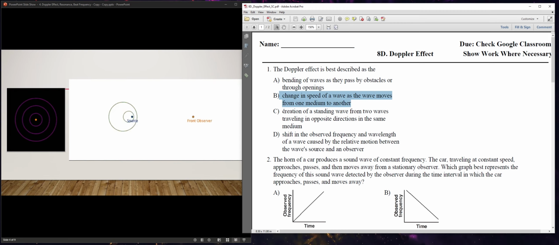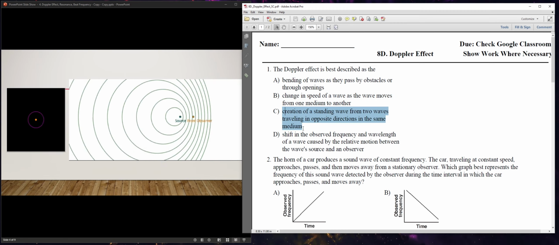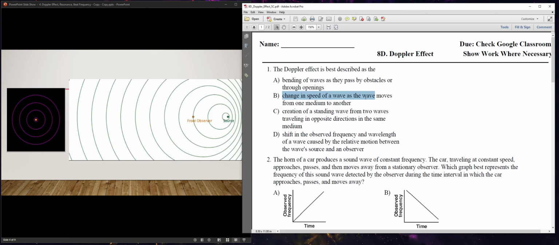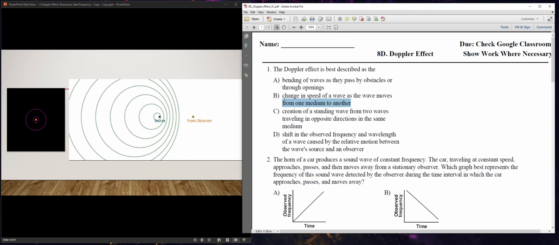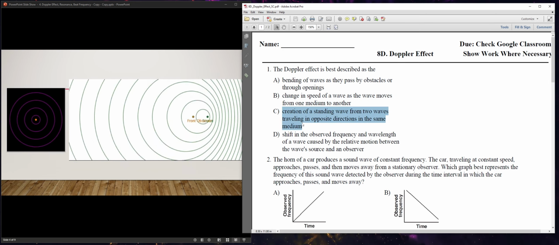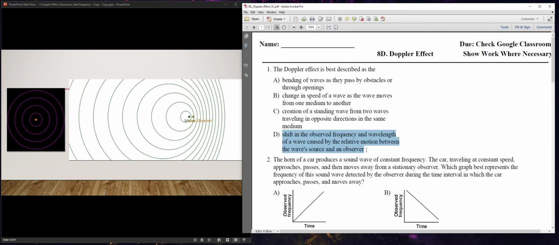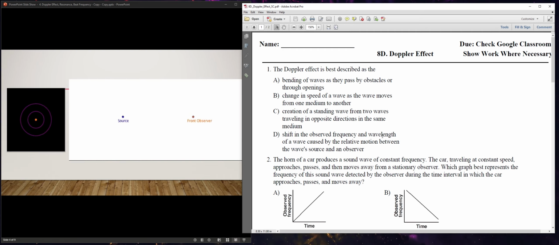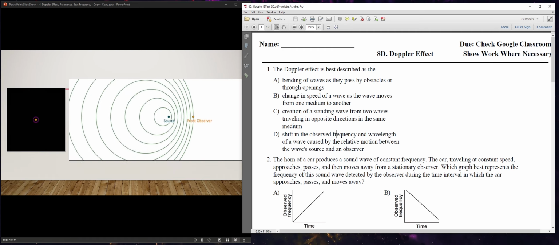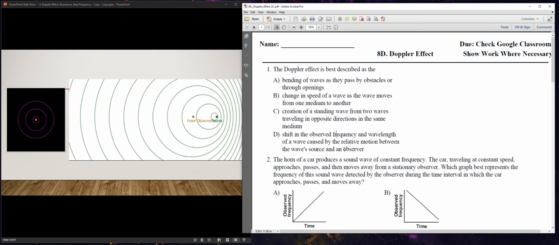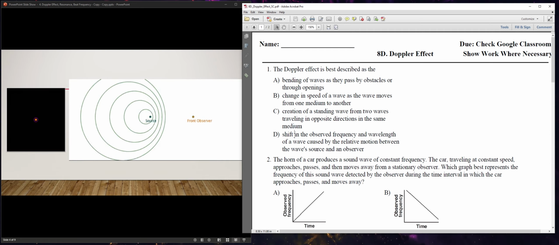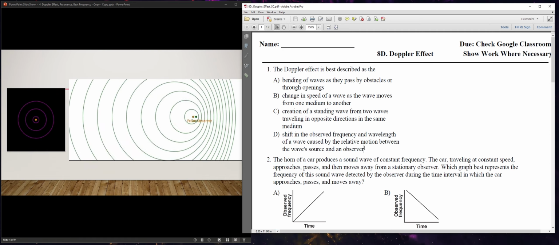Changing speed? Not really, the speed is more or less constant. Oh, that's something else. That's called Snell's law, or law of refraction. But we haven't learned that yet. It's definitely D. Shift in observed frequency and wavelength of a wave caused by the relative motion between the wave's source and observer. That is the Doppler effect, all right?